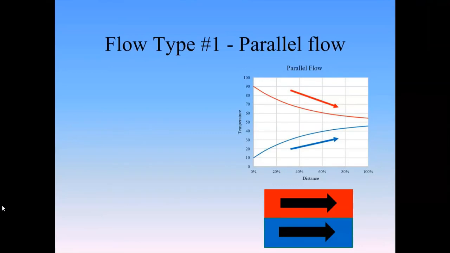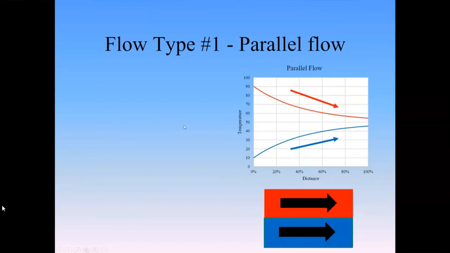In my drawing, I have my heat exchanger here, and my flows are parallel, and parallel probably isn't really a good word, but the flows are going in the same direction. A closed heat exchanger operating in parallel flow will have flows going in the same direction.